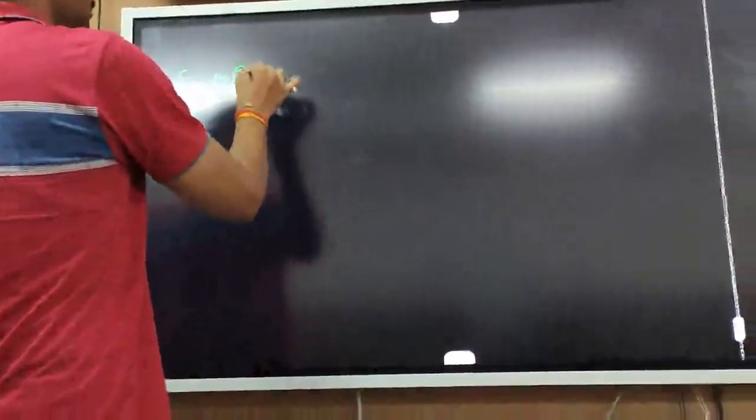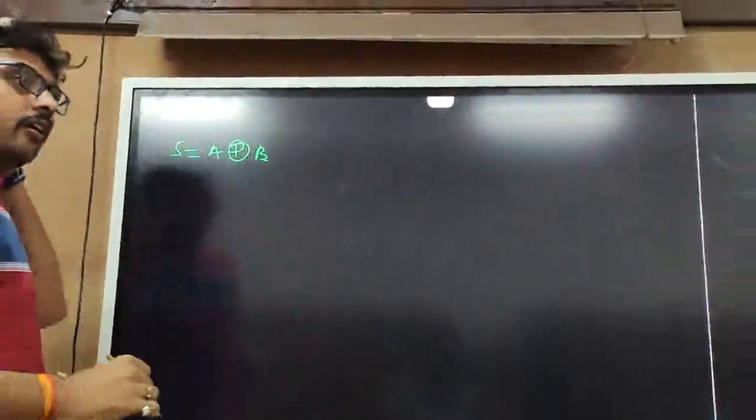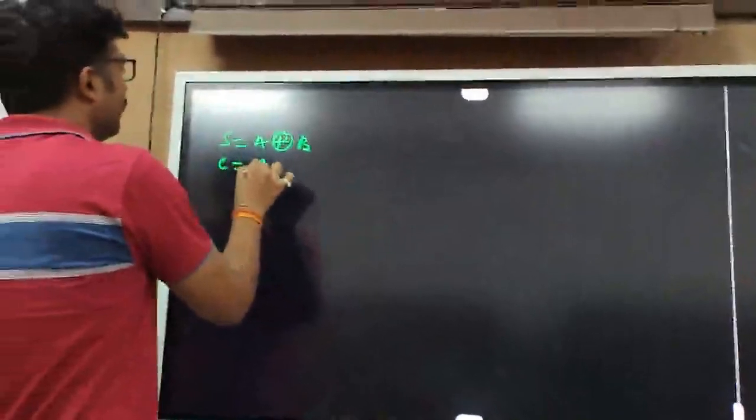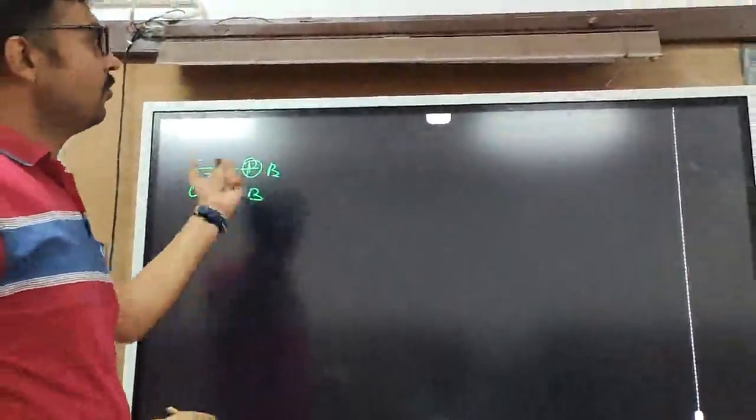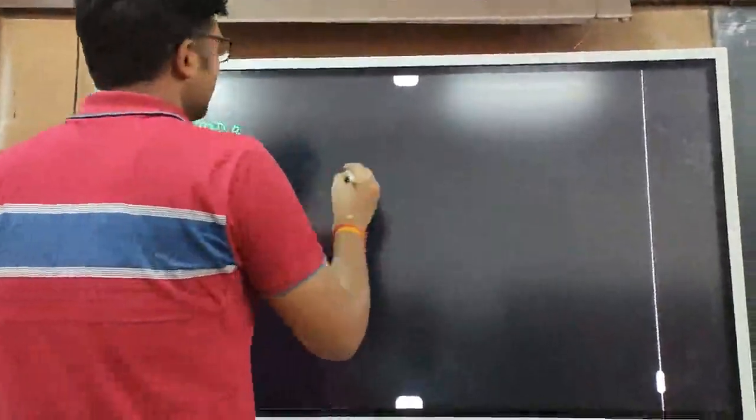So we have got that S stands for A XOR B and carry is A dot B. Based upon this, we have to design a circuit.